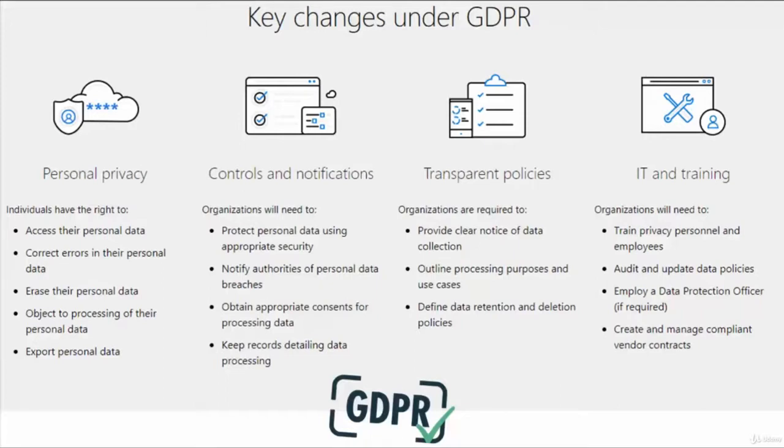You may need to send reports to external auditors, if your company is hiring external auditors. And the Office 365 Enterprise Edition Compliance Center gives you all of these, okay? So it complies with personal privacy, controls and notifications, transparent policies, IT, and training. It gives you everything under one umbrella.